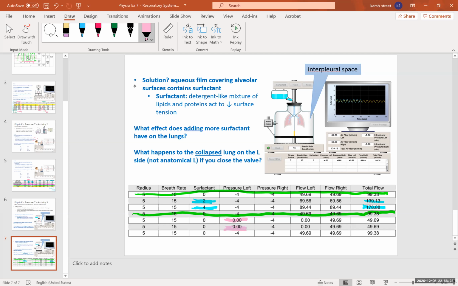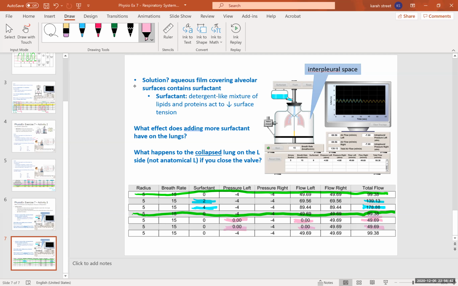So there is no pressure difference. Notice what happens to the airflow. It's basically cut in half. Why? Because the left lung is no longer compliant. It is recoiled. We're only getting the right lung ventilating well.